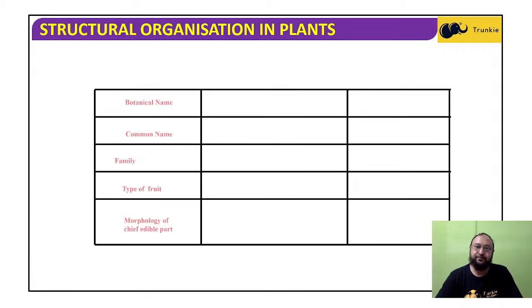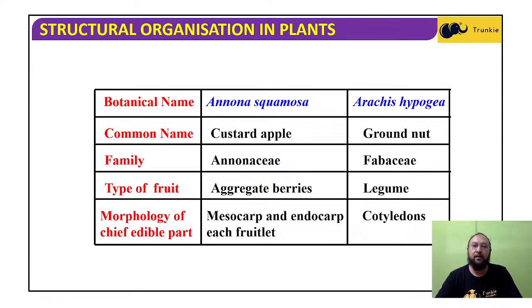Now, Annona squamosa, that is the custard apple. It belongs to the family Annonaceae, and this type of fruit is the aggregate fruit, because the small fruitlets together form the aggregate fruit or aggregate berries.